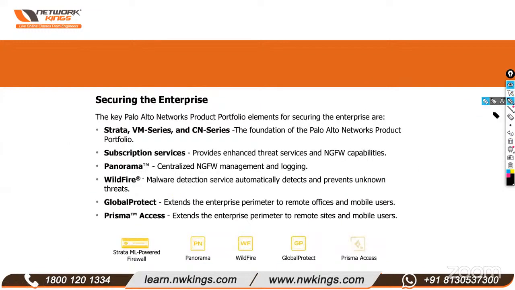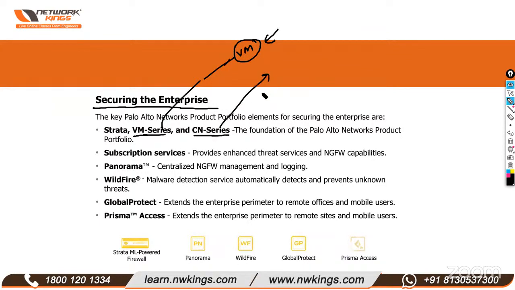So these are the key elements of Palo Alto firewall. Okay. Now we'll go into a detailed manner and understand, in securing the enterprise, what products they have. We have VM series, which we will be talking about in our course, and which we will be using to do our practicals. Okay. CN series is only for Kubernetes and it's a very small device. It doesn't have those resources.